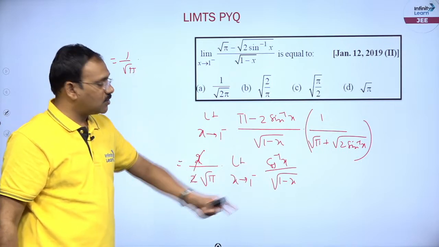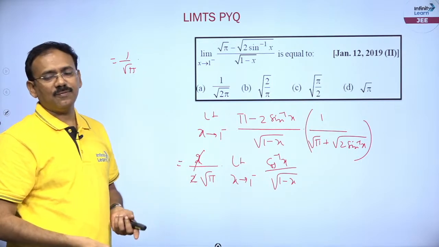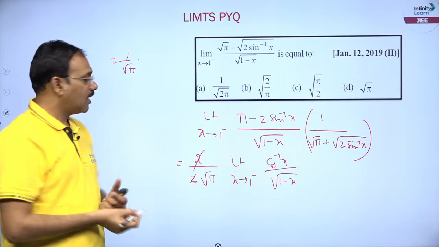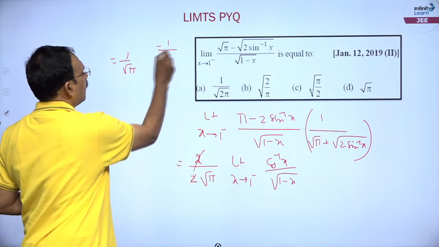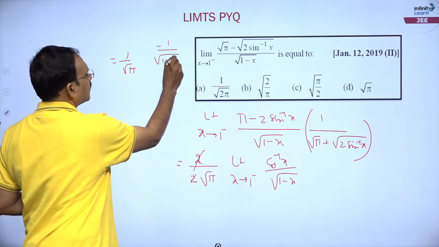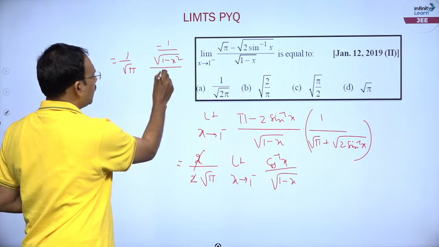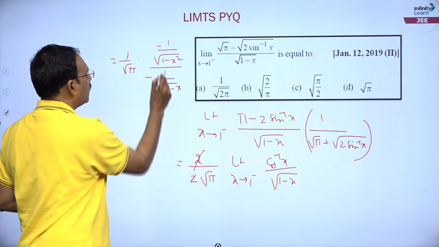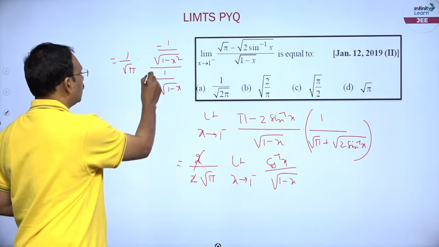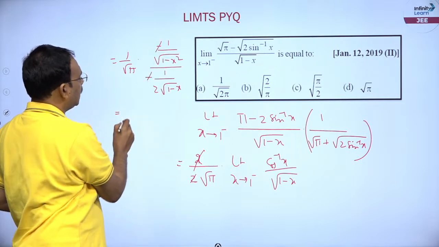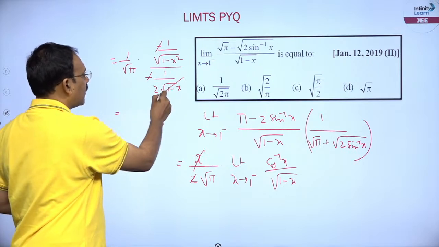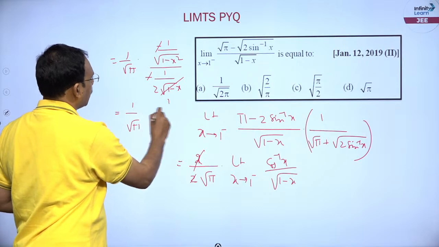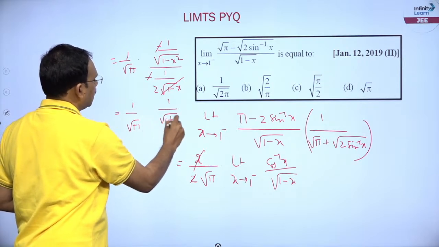This is, as x tends to 1, 0 by 0. Yes. Why don't you go with L'Hospital's rule? Yes. Cos inverse x derivative is minus 1 by root of 1 minus x square, by root x derivative 1 by 2 root x into 1 minus x, derivative is minus 1. So this minus 1 got cancelled, and this root 1 minus x will also be cancelled with root 1 plus x here.